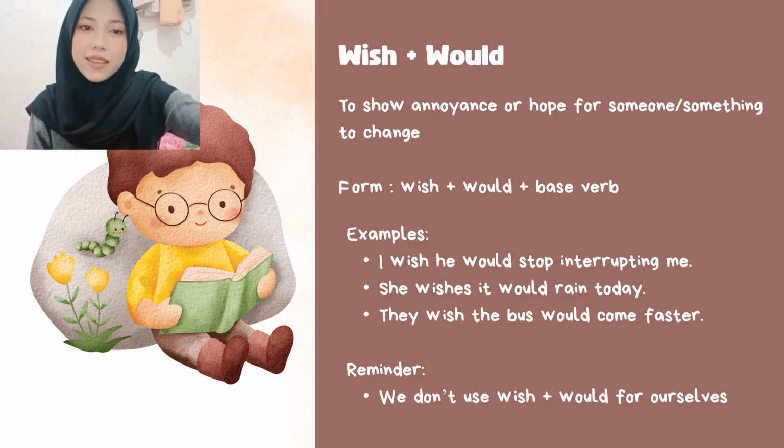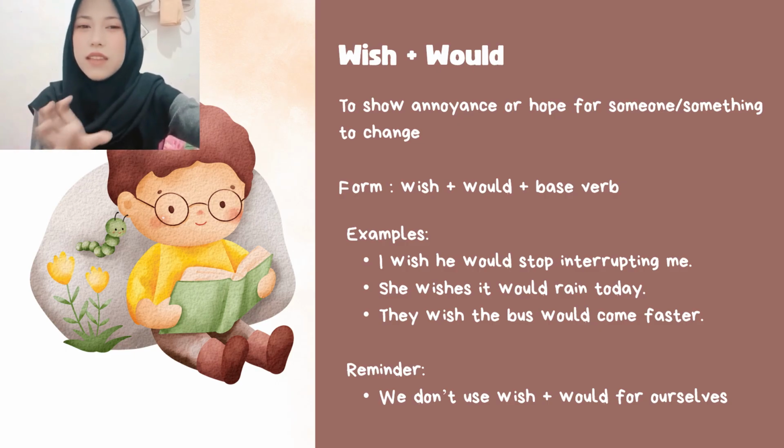Next, let's talk about wish plus would. This form is usually used to show annoyance, complaint, or impatience, especially about other people or situations. For example, I wish he would stop talking. This shows annoyance because he kept talking.